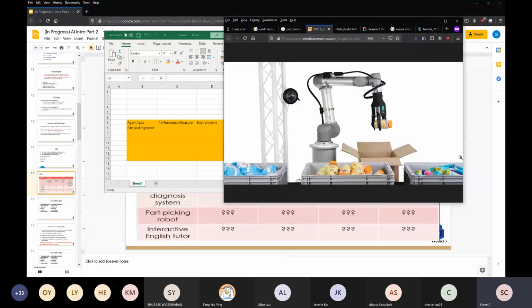Let's just assume that this particular robot is working in a factory, right? Then what y'all can see here, you have these robot arms to pick up the items, and you have a camera here. So this robot arm is what we consider as the actuators.